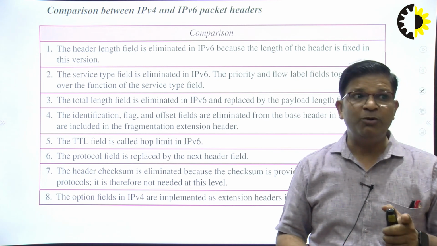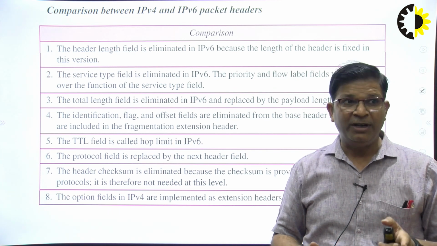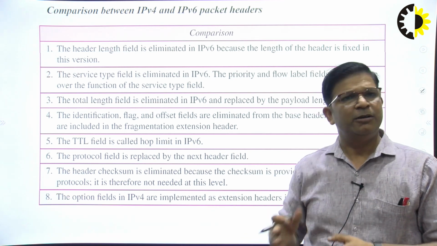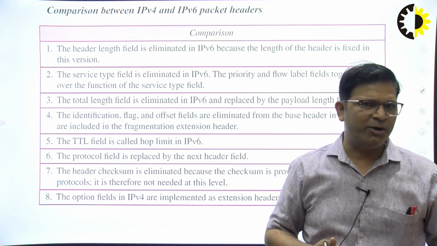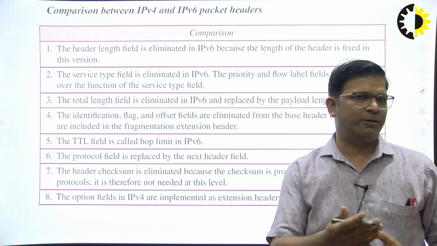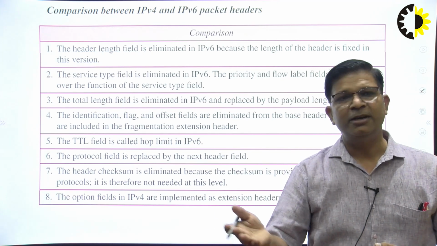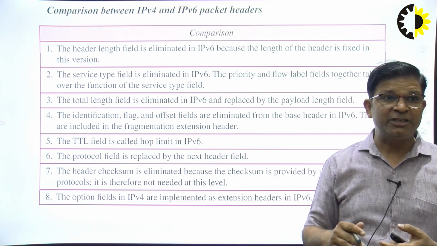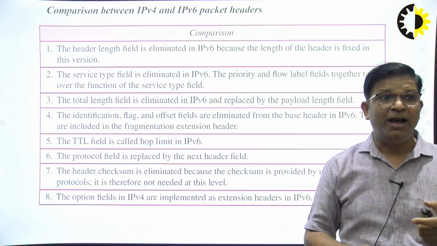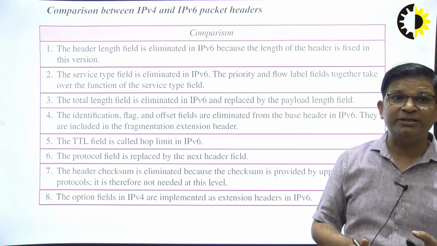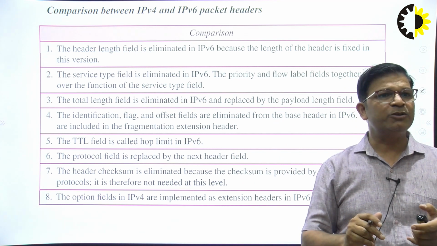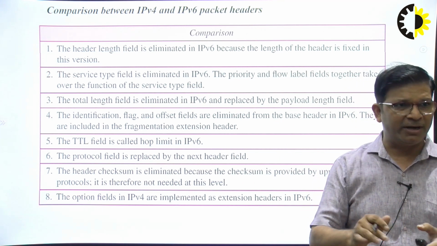The time to live field is called hop limit here, because in IPv4 also time to live means how many routers need to be passed, that is, the hop limit. The protocol field is replaced by the next header field. The header checksum is eliminated because checksum is provided by the upper layer and the lower layer also, so there is no need to provide a checksum at this level.